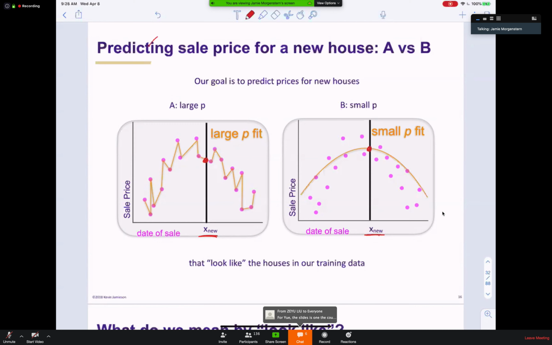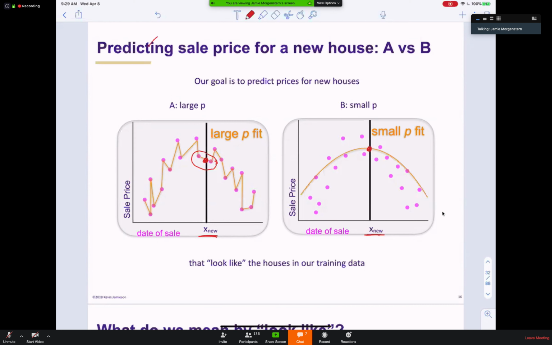And you guys can probably see that these are fairly different in terms of sale price, by maybe, I don't know, 20% or something of the sale price on B. And the interesting thing here is that if we're looking at model A, only this part of the model seems to have anything to do with the prediction we're making for this new house, right?